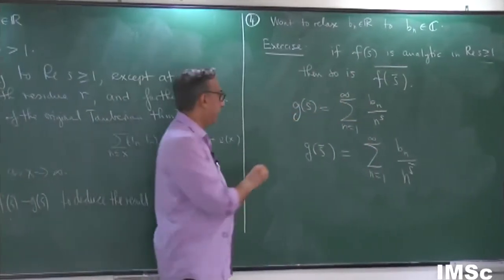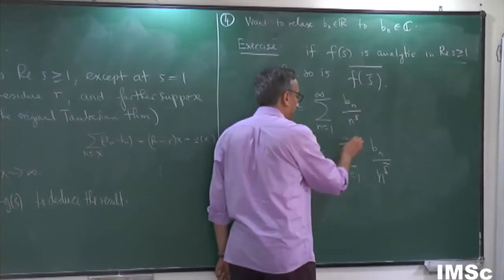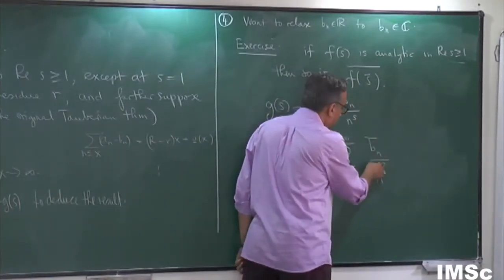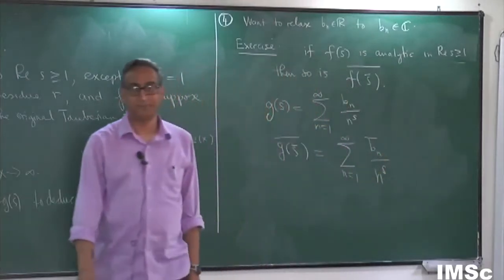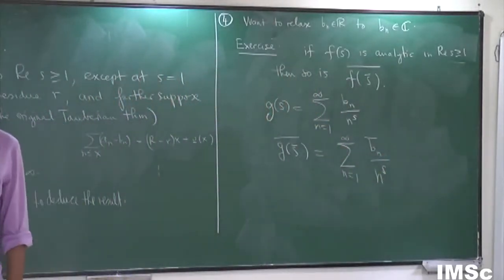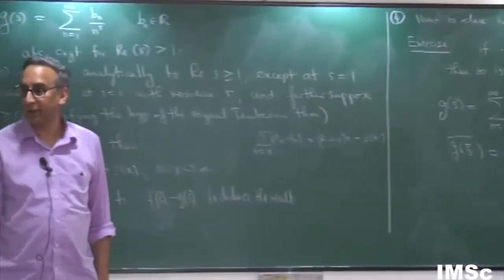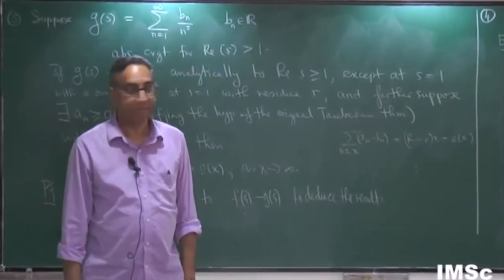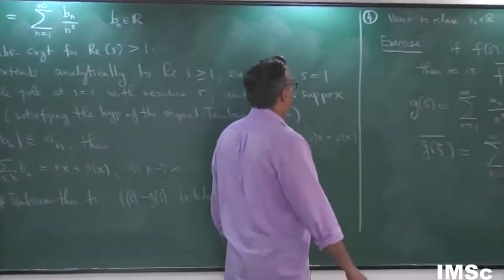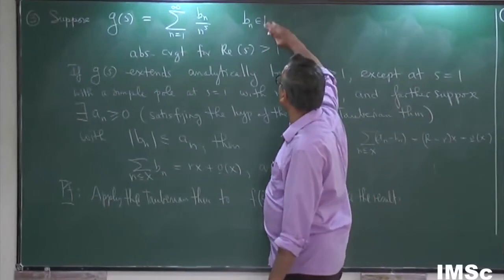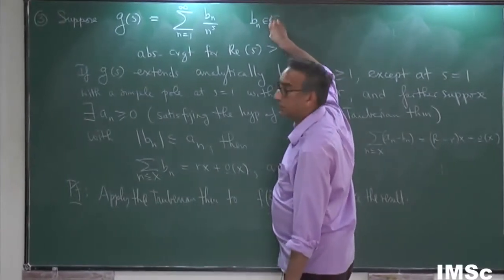Now if I take the conjugate of b_n, and the n to the s bar bar is just n to the s, so that's gone, right? So you can figure that out. So the advantage of looking at G of s bar bar is that I've conjugated the coefficients.